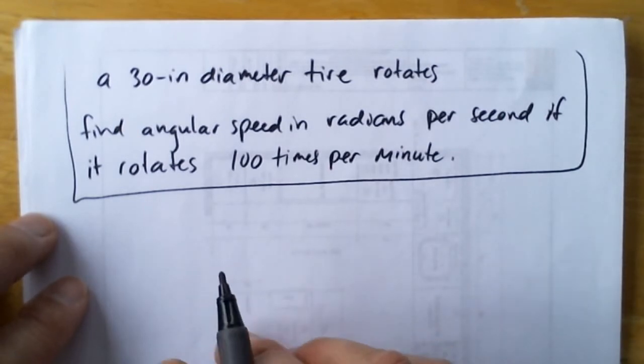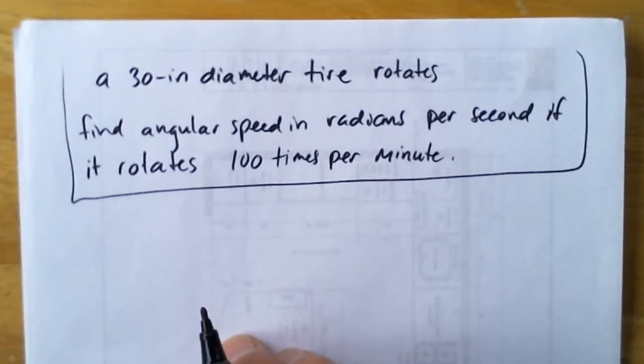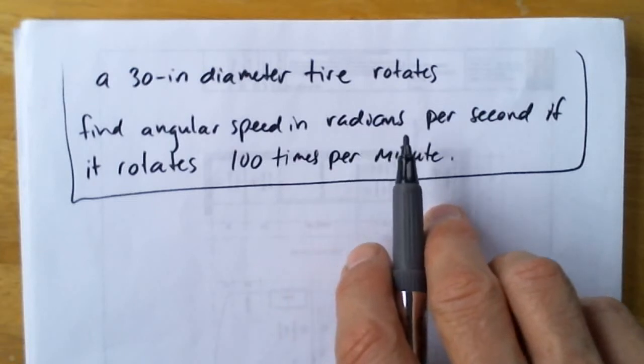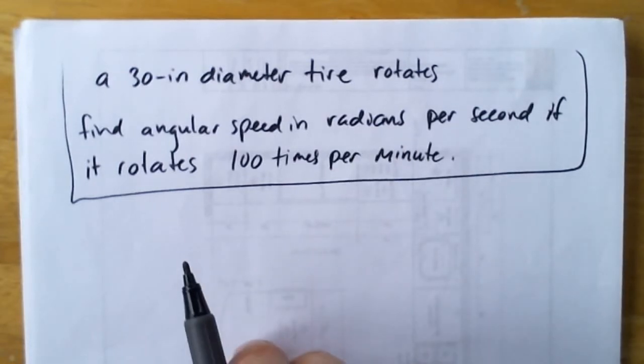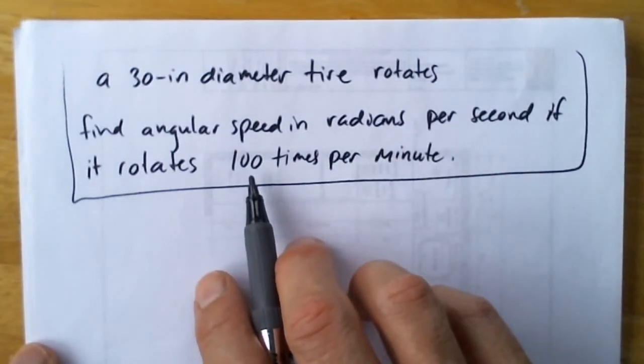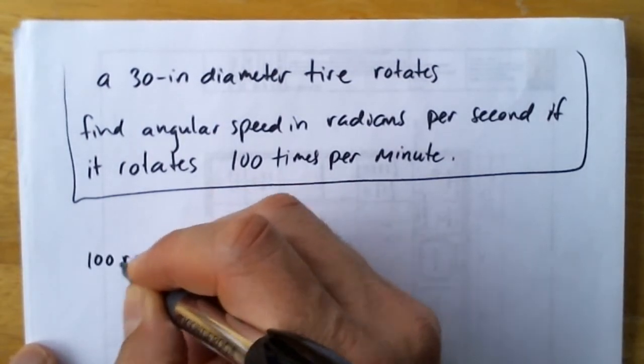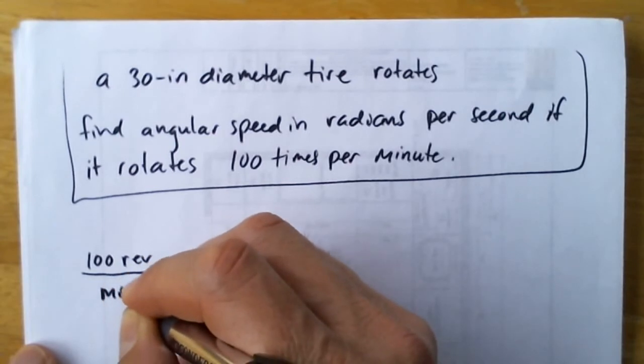All we're going to do is start with the units that are given and then convert them to the units that are asked for. It's asking for radians per second, so we have to convert that into radians per second. 100 revolutions per minute.